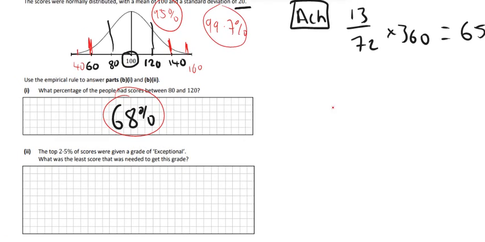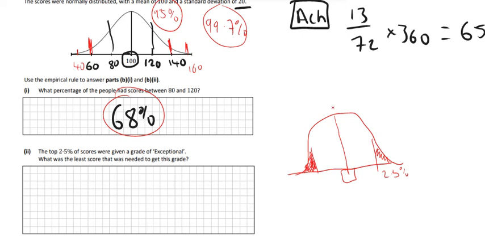The top 2.5% of scores were given a grade of exceptional. So if you think about it here, I'm just redrawing it out here. So the top 2.5% would be in here. But if you think about it, and I haven't drawn this very well, but say the mean is there, middle. Every normal distribution is going to have 2.5% on both sides.